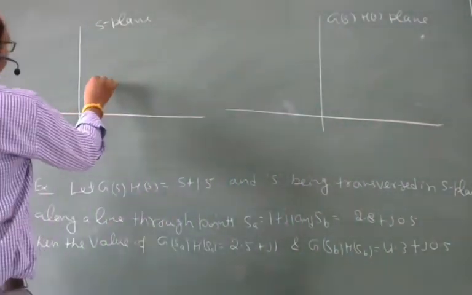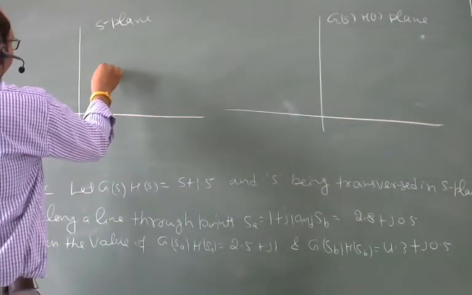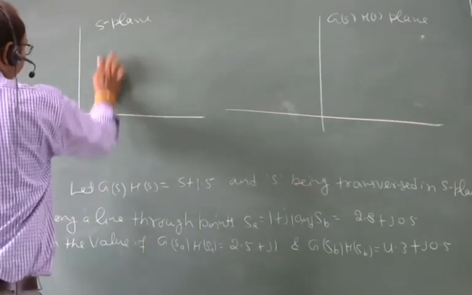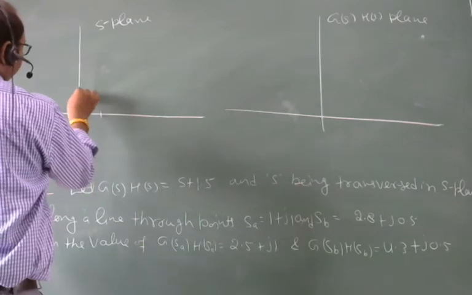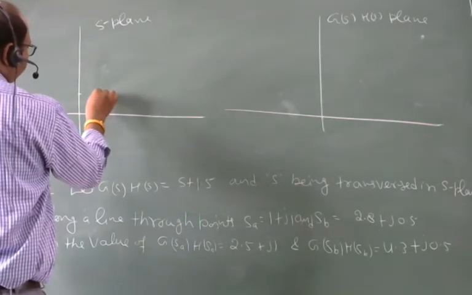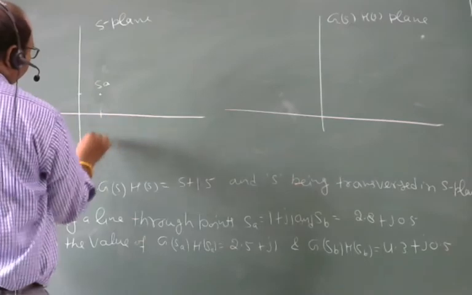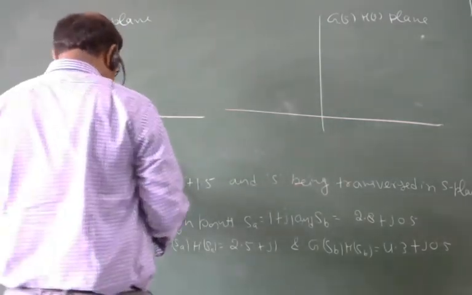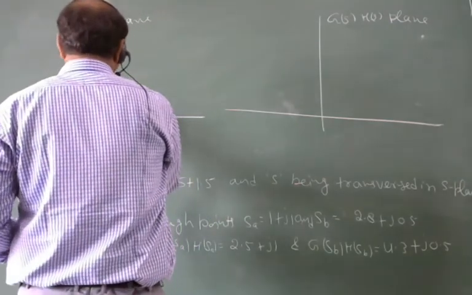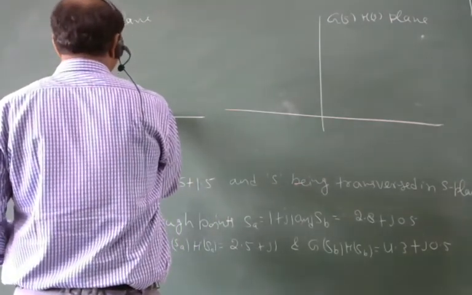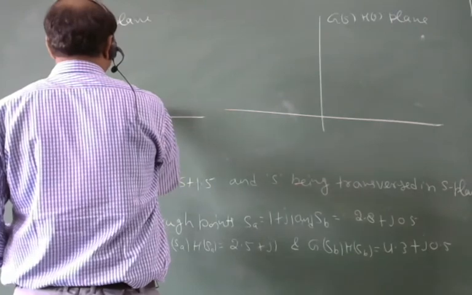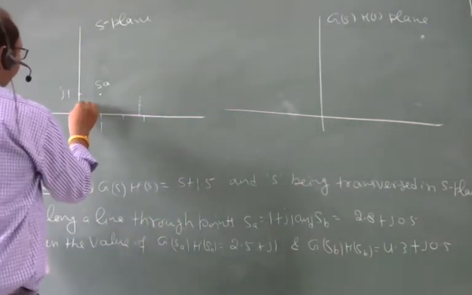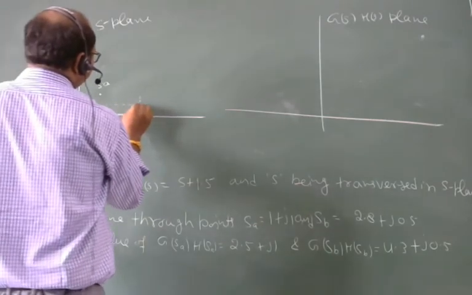Here we have SA, 1 plus j1, and here we have SB.